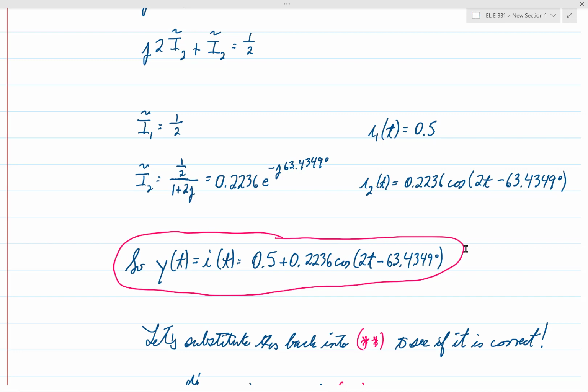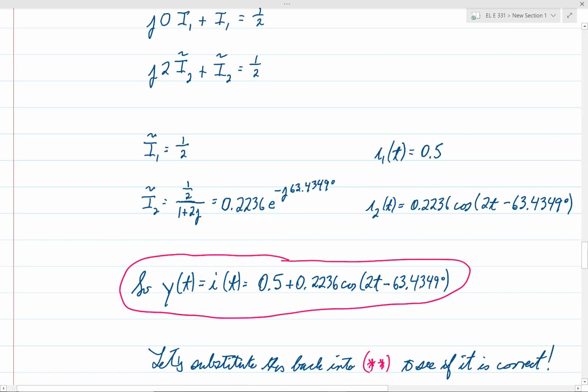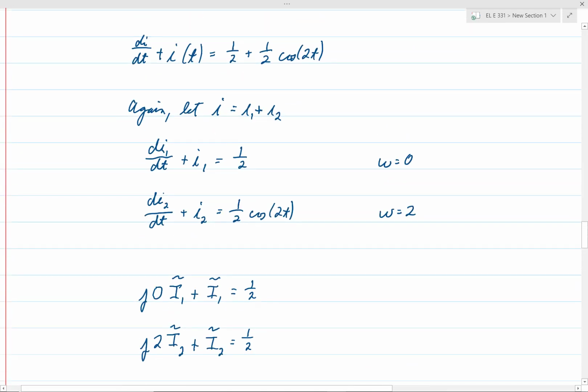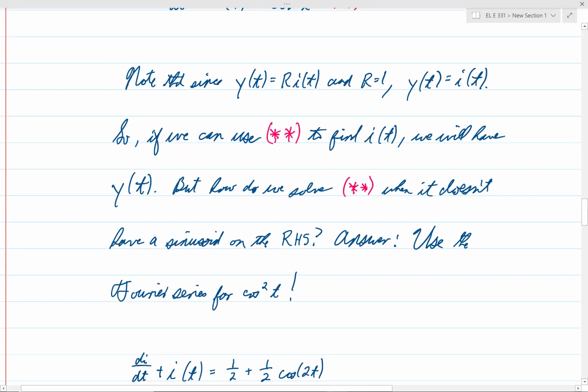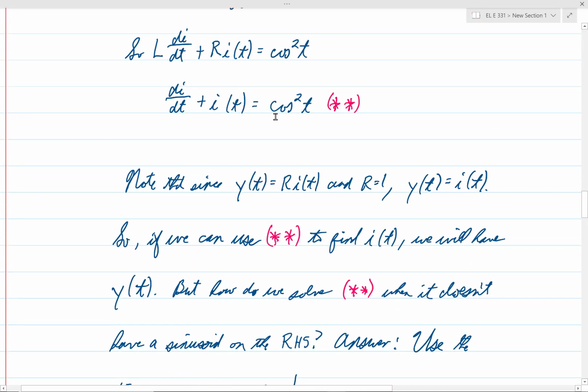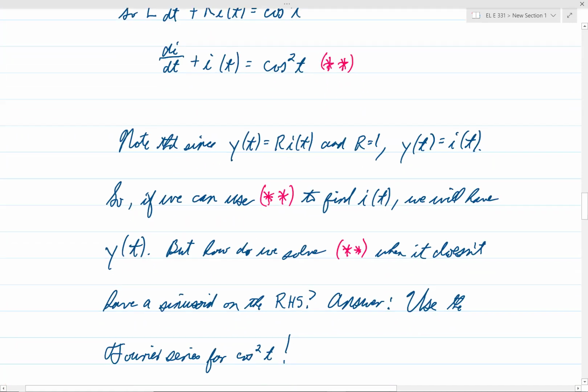correct. We're claiming here that this value for I of t is the solution to this differential equation right up here. So let's plug it in and see if that's true.